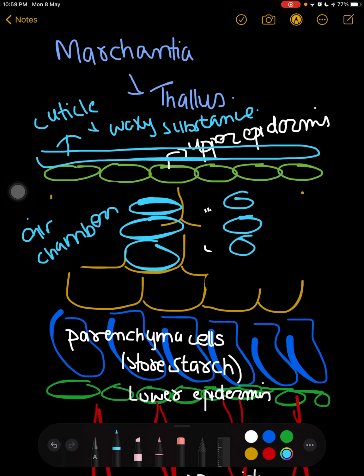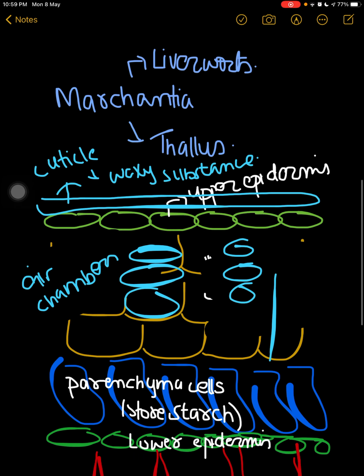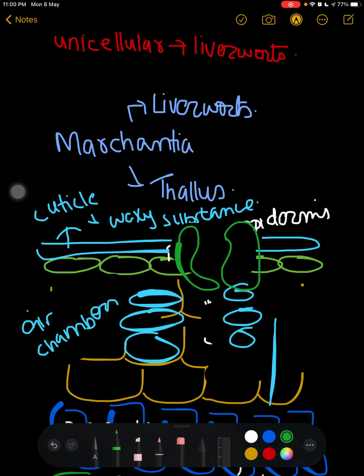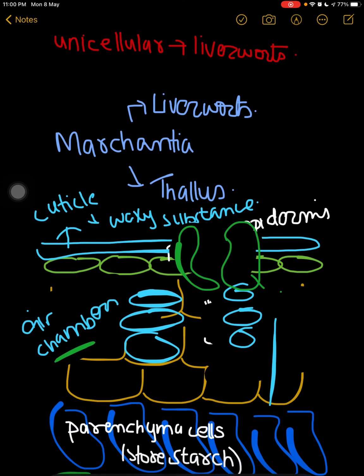Basically, these air chambers allow the diffusion of carbon dioxide inside the plant, right? These air pores are present on the upper epidermis, as you can see over here. Let me draw. Consider that here we have this stomata, or you can say the air pores, right? And here we have the air chambers, right?